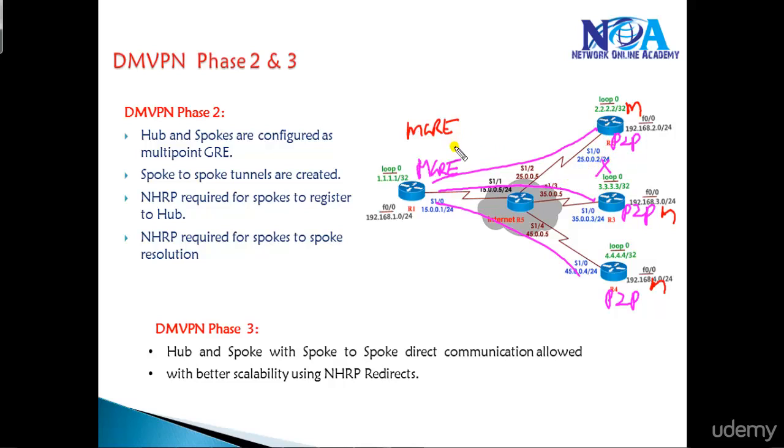Whereas in phase 2, spoke-to-spoke tunnels can be created. In case of phase 3, we use the command ip nhrp redirect, which indicates that the current path is not the best path, so the receiver of that message has to find the better path to that destination.